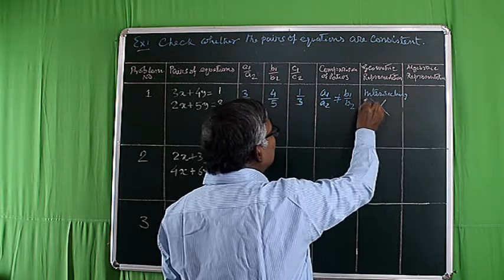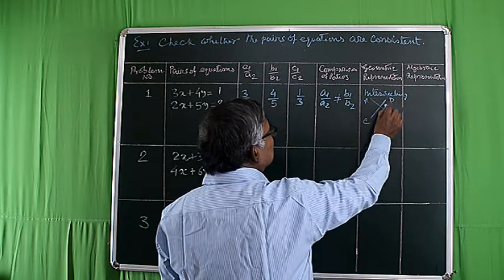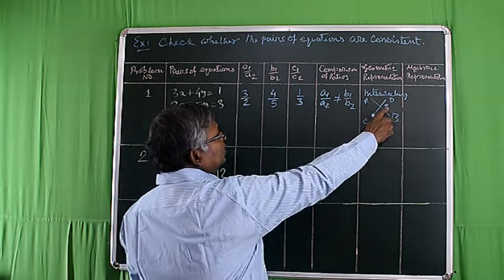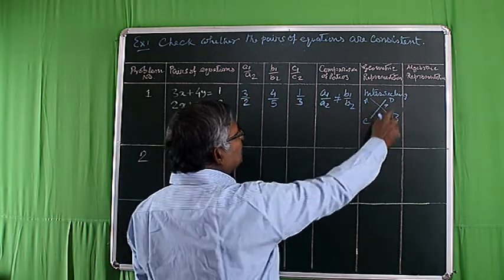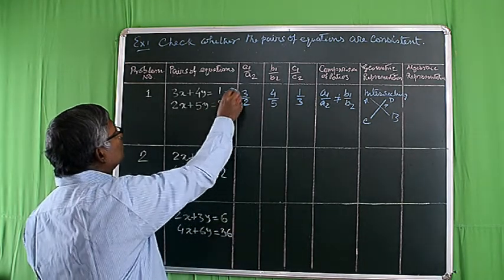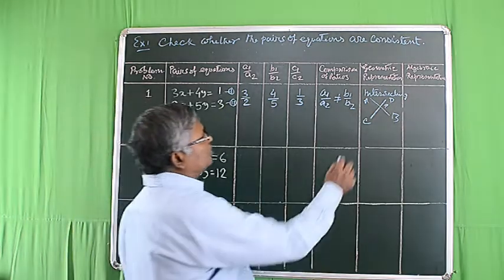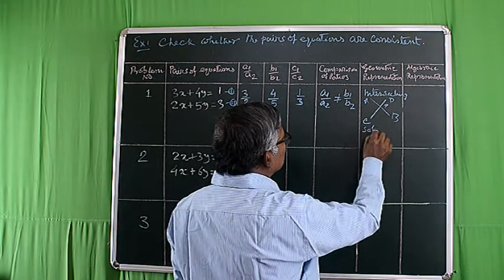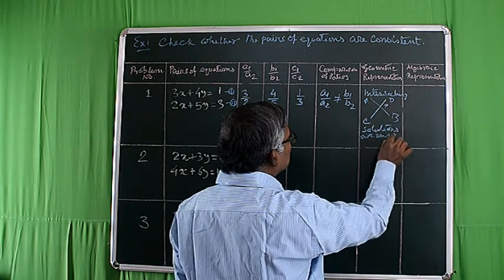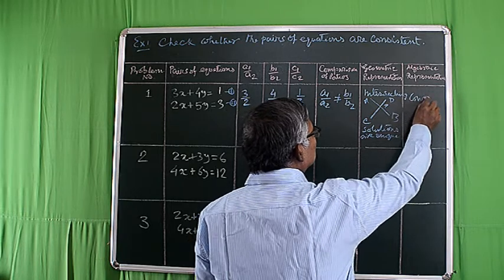Suppose it is AB and it is CD. Suppose they intersect at point P. Hence, the coordinate of P is the solution of the equations 1 and 2. Hence, the solutions are unique. The systems are consistent.